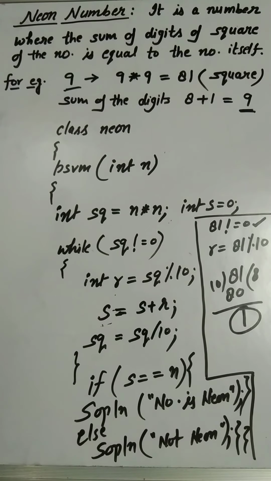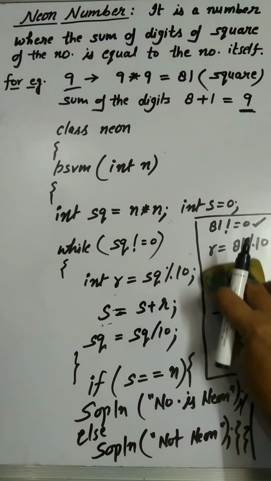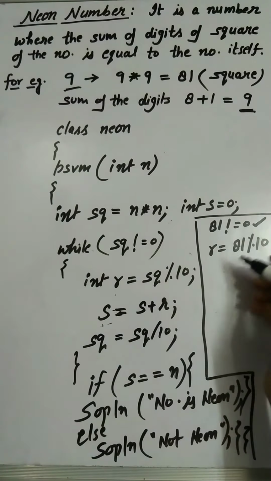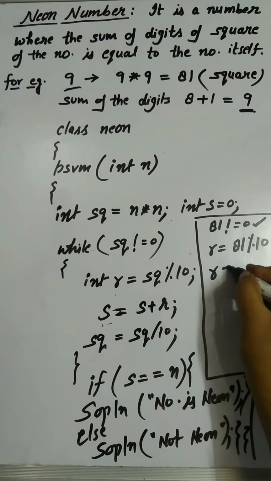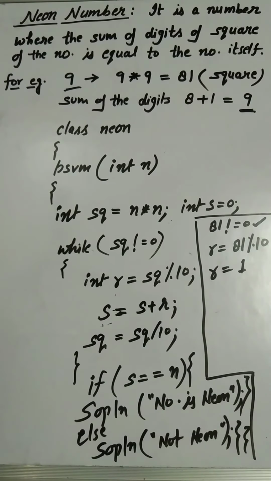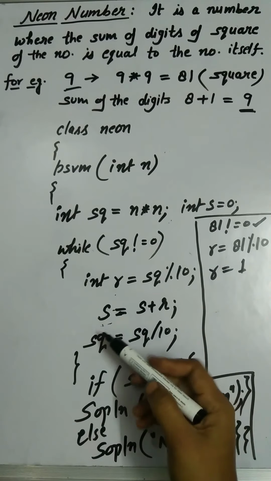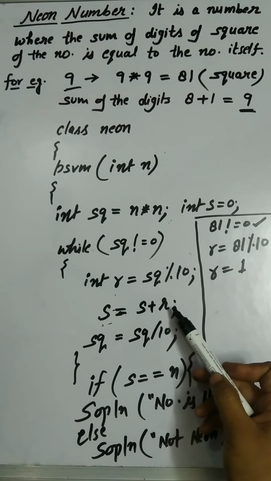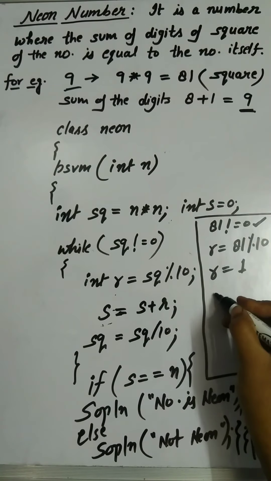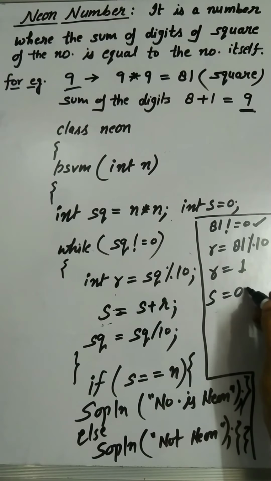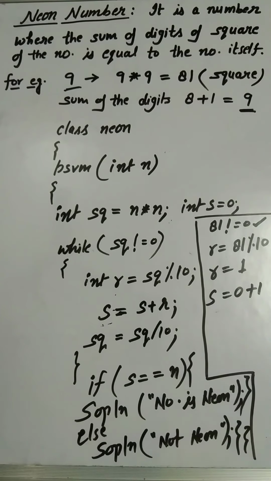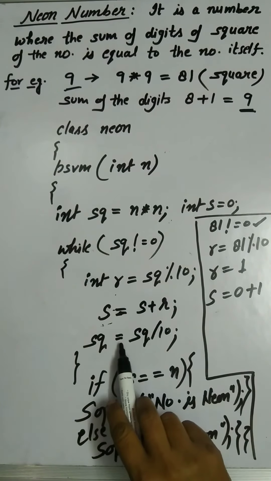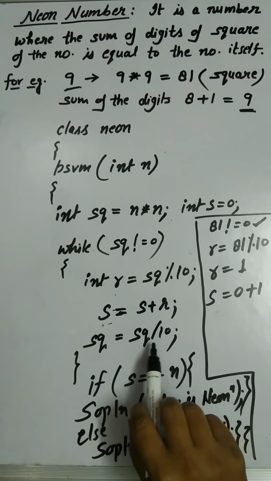So here R value is equal to 1. Next, S is equal to S plus R. Initial S value is 0, 0 plus 1. Clear? After this, SQ is equal to SQ divide 10.